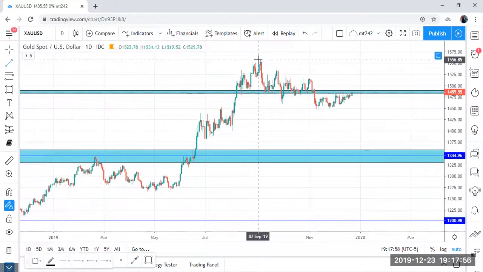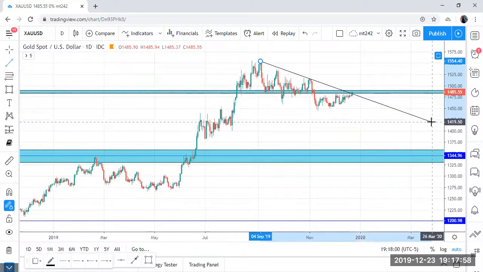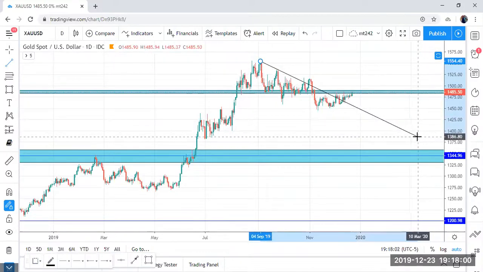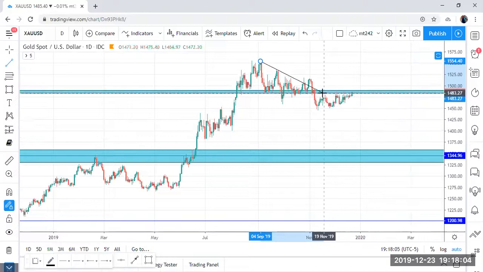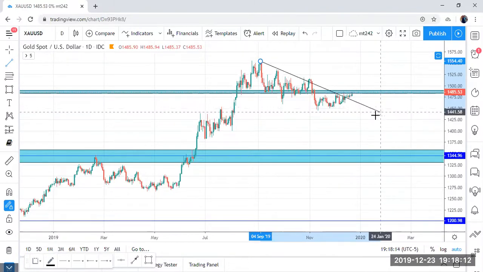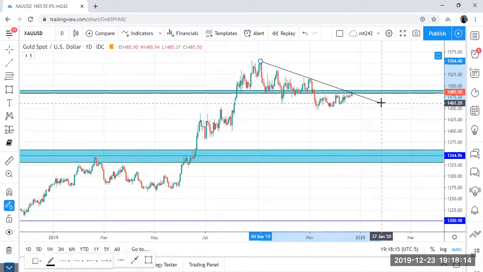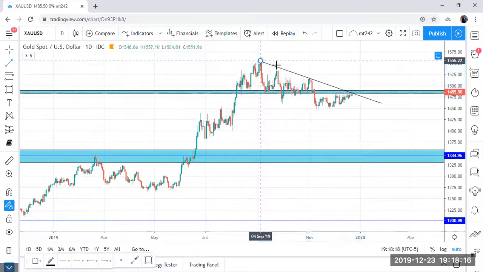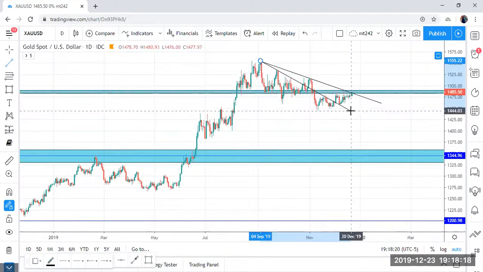But looking at the day, I want to force the trend line. Either one could work. There's no wrong way to draw a trend line.